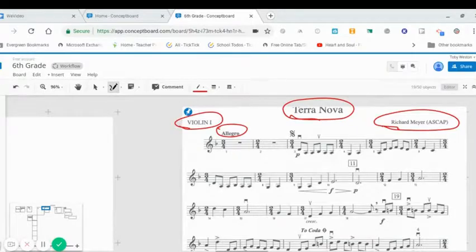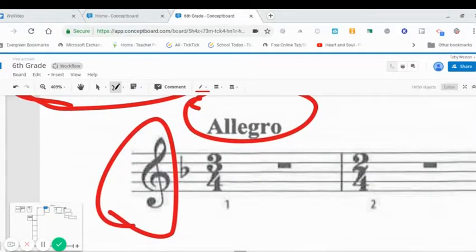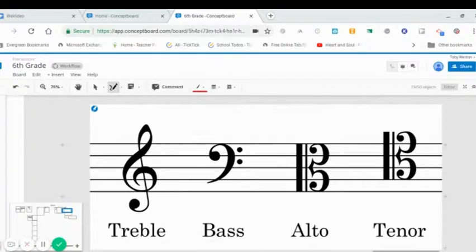Clefs. This is the clef. In this case, this is called treble clef. There are multiple clefs found on music. So there's treble clef, you'll see bass clef, alto clef, tenor clef.